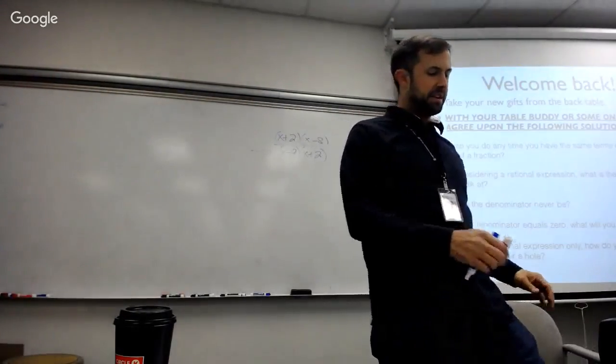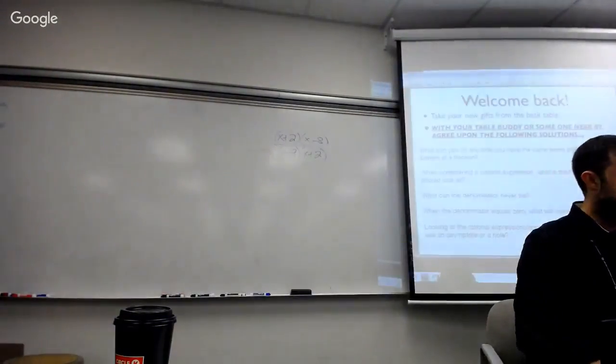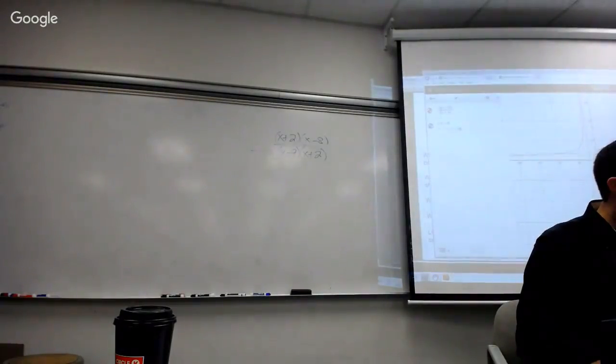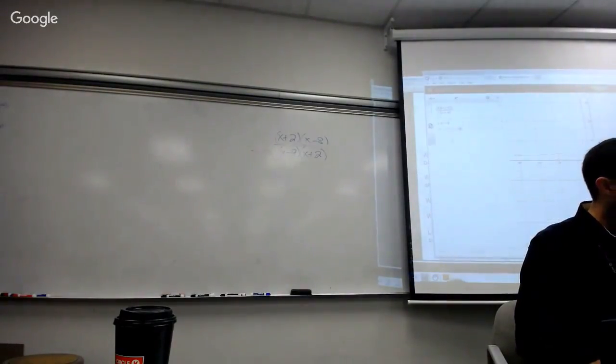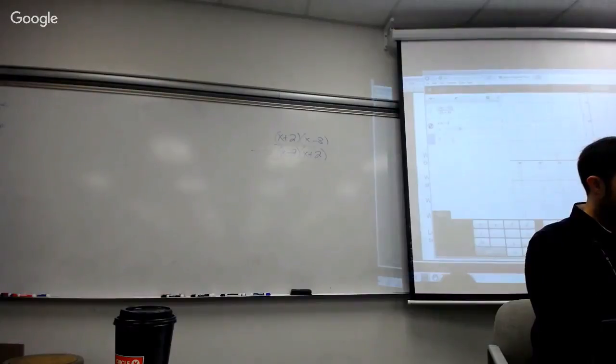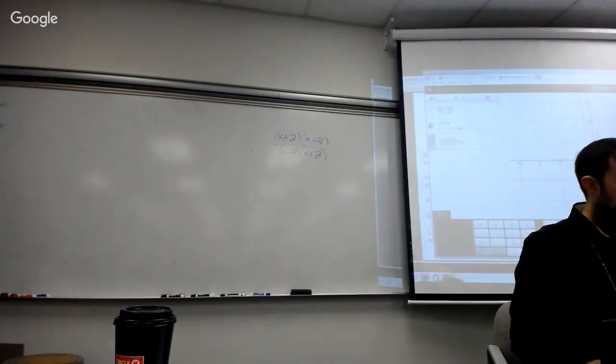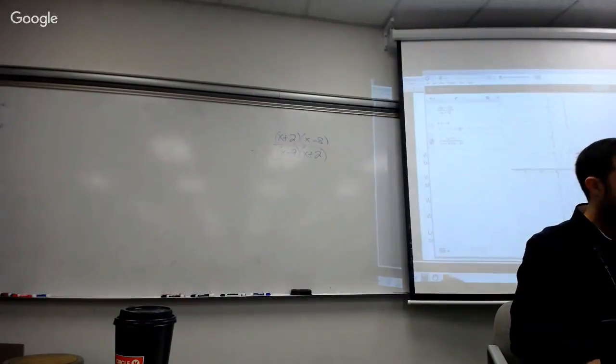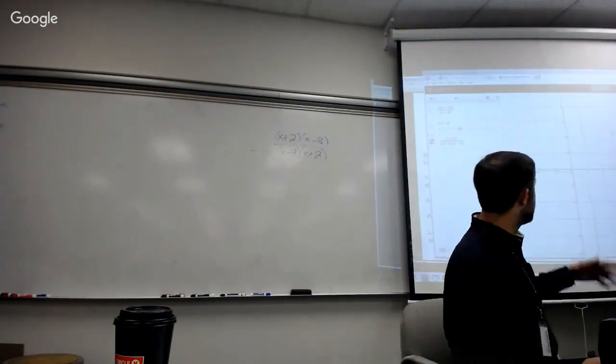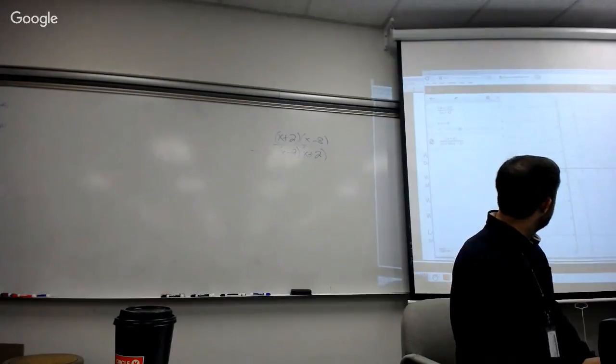So let's just look at that to remind ourselves. Here's my favorite graphing tool, Desmos. Let's go ahead and make one that looks like this: x plus 3 divided by (x plus 3) times (x minus 2). All right, so here's my graph, and there it is, that nice characteristic shape we were talking about.